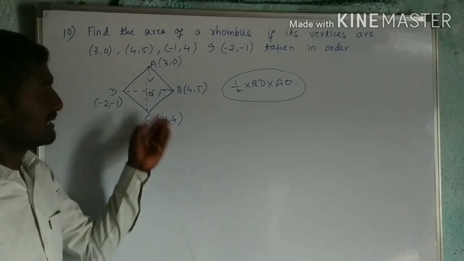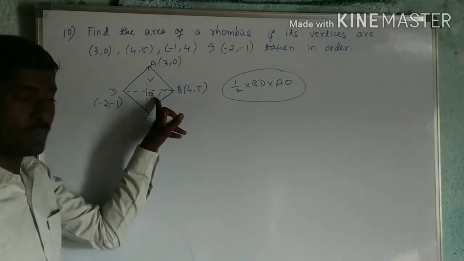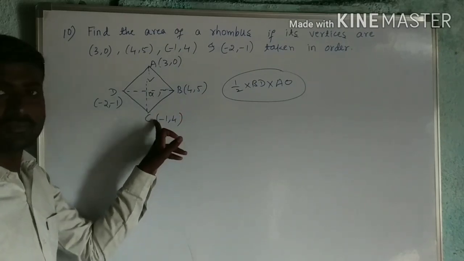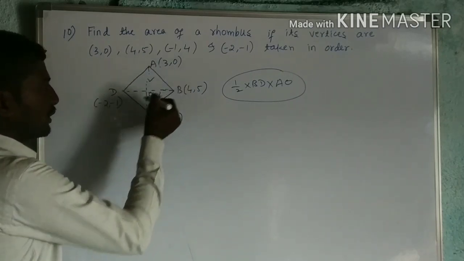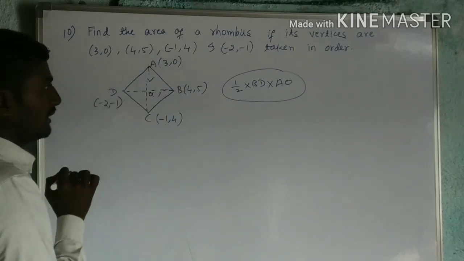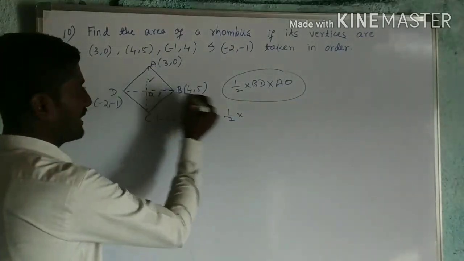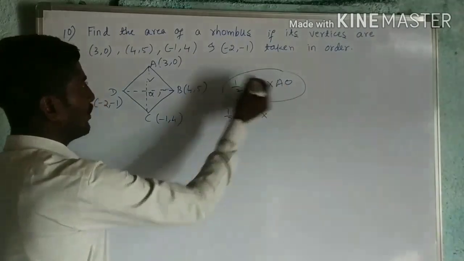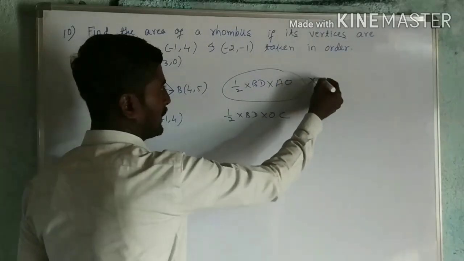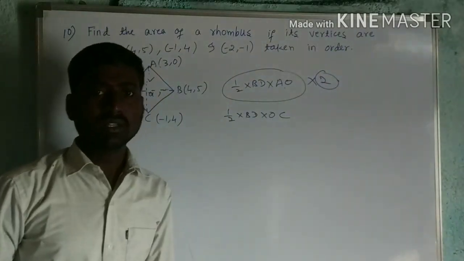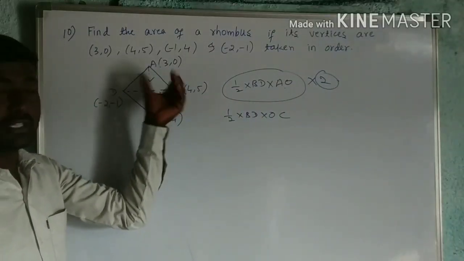Am I right? Similarly, for the triangle BDC, we already got the point O. We need OC, otherwise no need to find it again, because OA is equal to OC, because O is the midpoint of AC. So here also again you can apply 1 by 2, BD into OC, both are the same. If you multiply this by 2, automatically you will get the area of the rhombus.